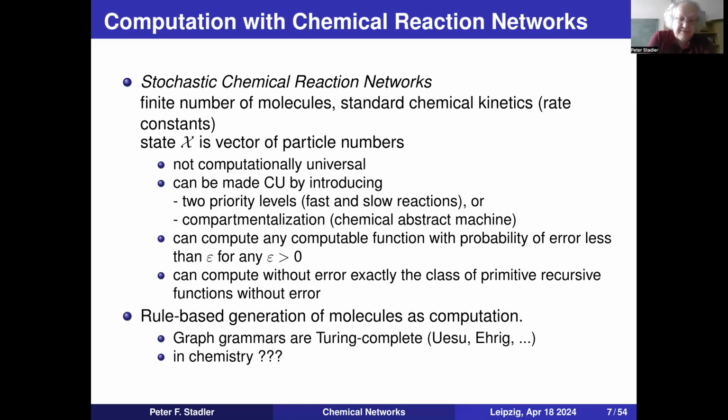Because if anybody ever succeeds in using chemical reaction networks to actually do some computations in practice, then designing the reaction network in such a way that it performs a particular computation is exactly what programming means in this context. And then obviously it is interesting to know whether all or only some subset of reaction networks that I can dream up could, even in principle, be implemented with real molecules.